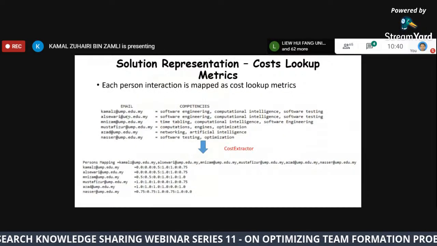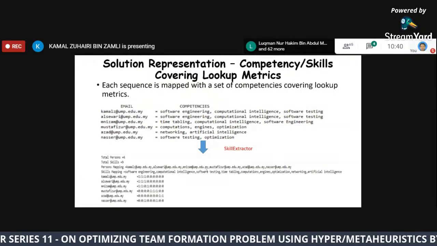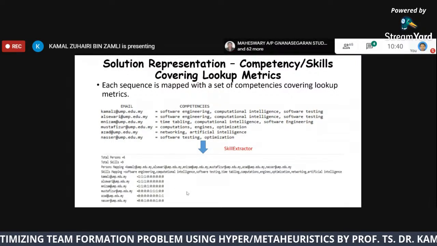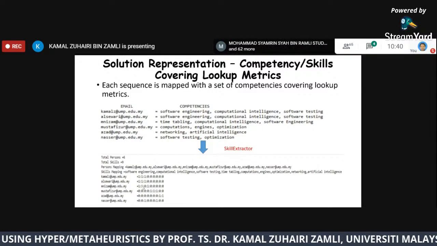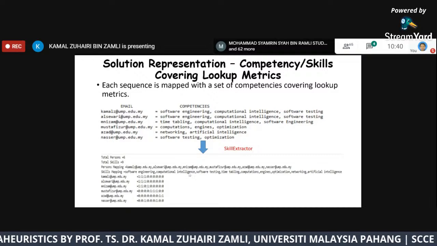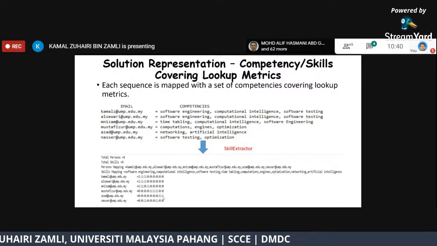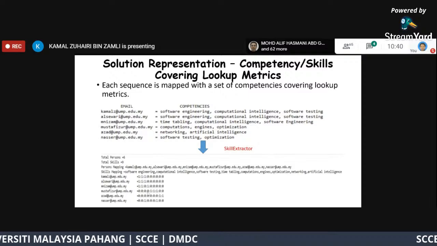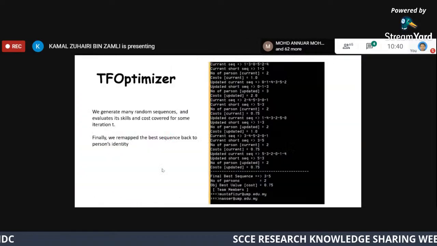Essentially, the cost lookup is a matrix like this, and the skill is a matrix like this. For example, Nizam does not have skill number 3, so he doesn't have the skill of software testing. Azad has only 2 skills, so the rest he doesn't have. When you model like this, you're ready to do optimization.